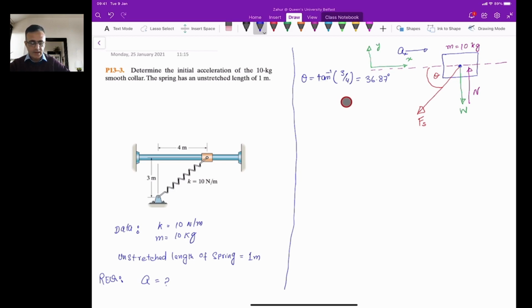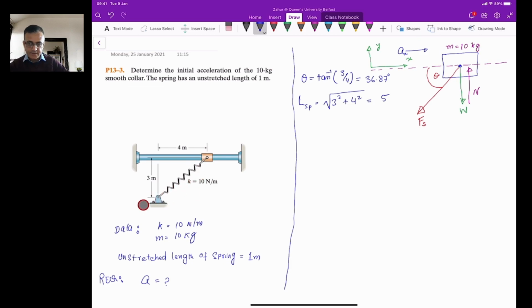Now you're given that the unstretched length of the spring is 1 meter, but obviously the current length of the spring you can calculate from this triangle here. The length of the spring is equal to the square root of 3 squared plus 4 squared, and this will become 5.